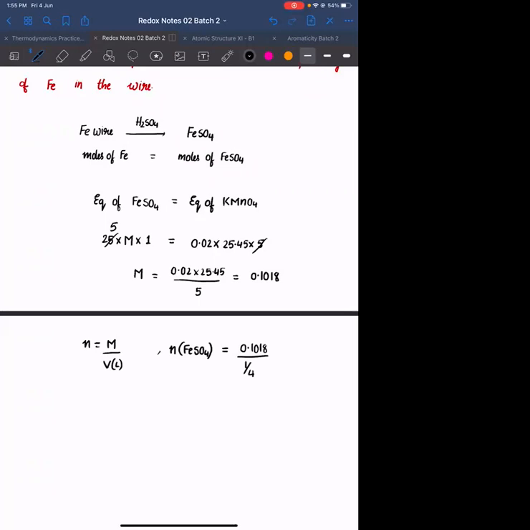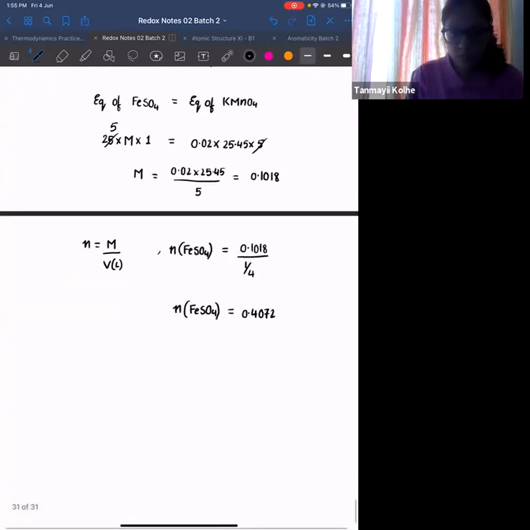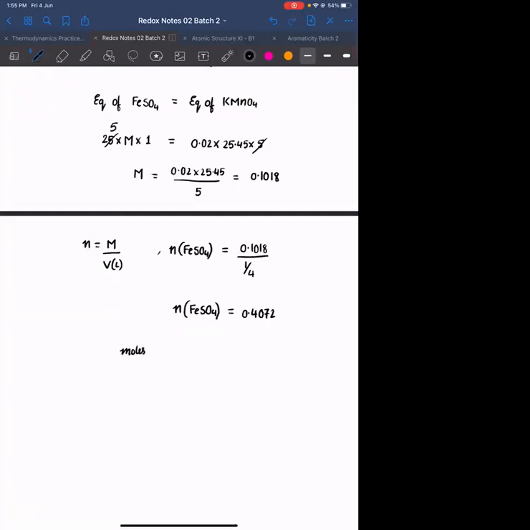Agreed? So how much will the moles of FeSO4 be? Equals 0.4072. These will be exactly equal to the moles of Fe. Any doubt, anyone? This multiplied by 56.